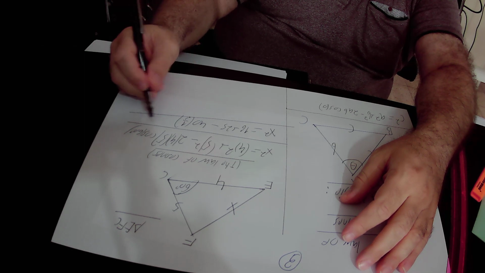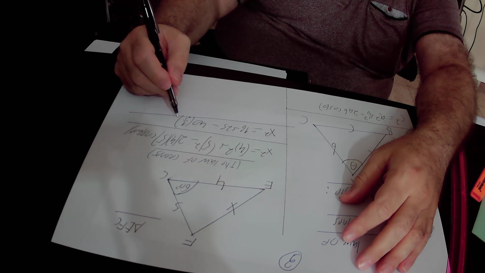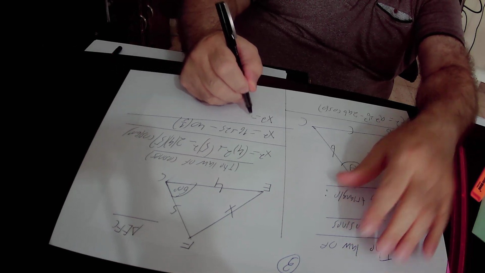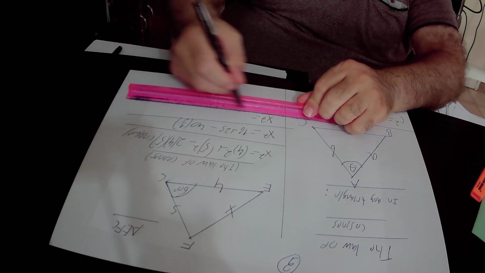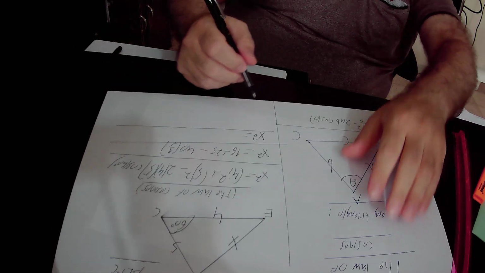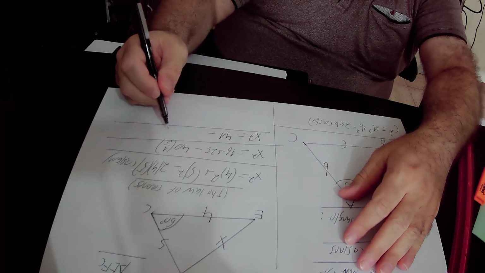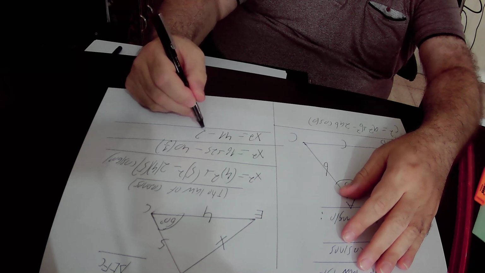So in total this expression equals 40 minus 40 times 1 half. So we found that x squared equals 16 plus 25. 16 plus 25 is 41, minus 40 over 2 is minus 20.